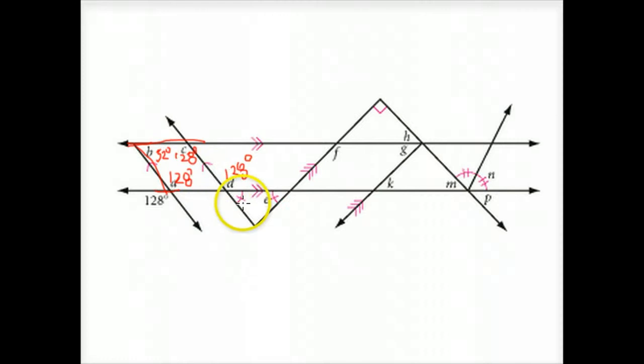Okay. D and this angle are a linear pair. So again, we're back to 180 minus 128. This angle here is 52. But that is the same as this angle, so E is 52 as well.